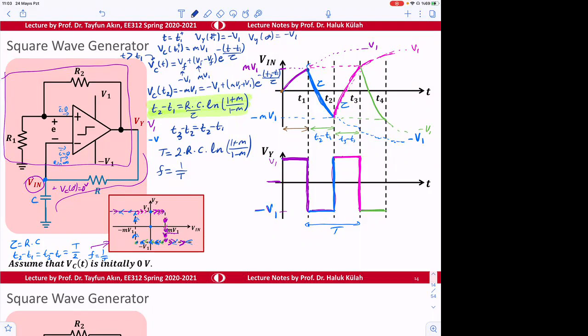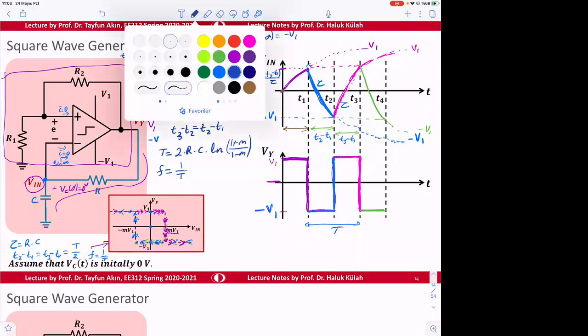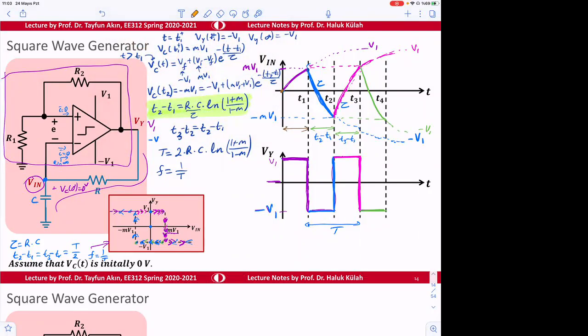Here, the only thing I want to get your attention on is that in this device, the signal will go from here to here to here to here to here to here to here. So it will be making a circle around that square, and that's how the device operates.